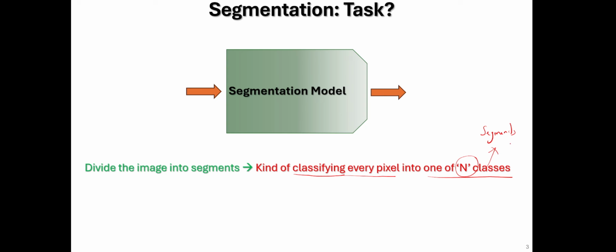You decide that you need to segment that image into n types, so we can think of that as n classes. Then the segmentation problem can be considered as a classification problem where for every pixel, a classifier says that this pixel belongs to one of these n segments. Okay, so that's the idea.